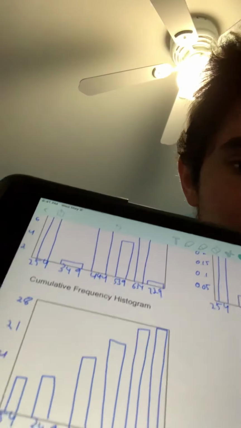And then the last one, the cumulative frequency, should go in an upwards growth because you're adding the frequencies together, so you're obviously not going to be going in a negative direction. There were 28 total terms, so I went up by 7: 7, 14, 21, 28.